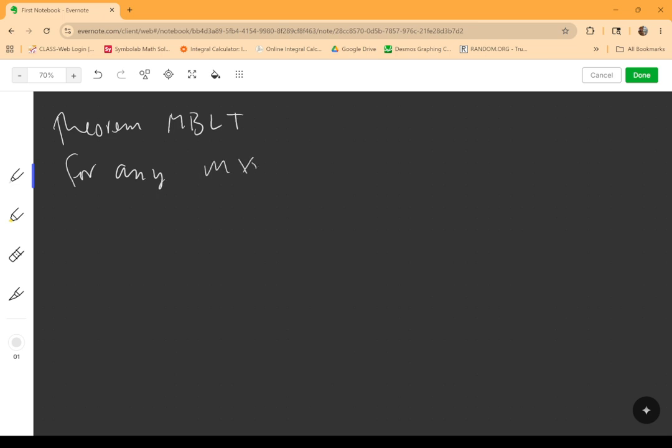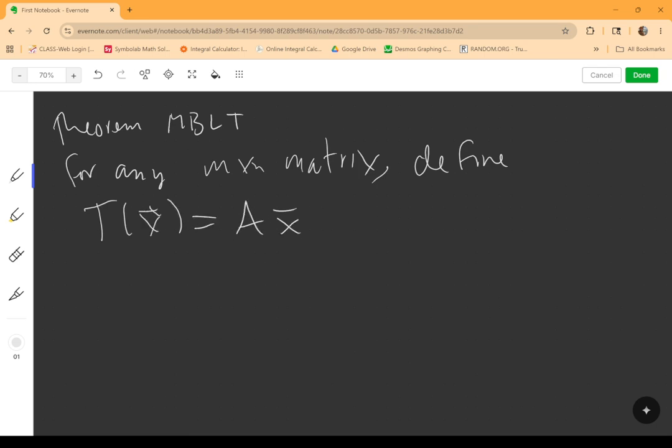So this states that for any m by n matrix, you can define T of x equals Ax.